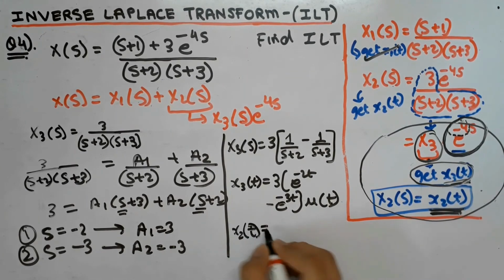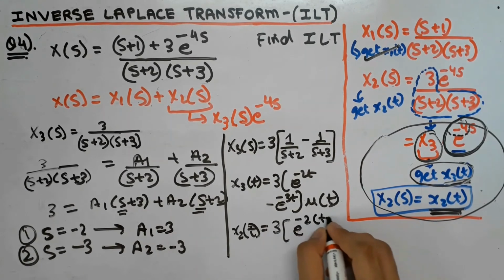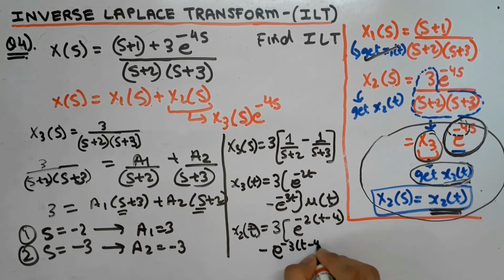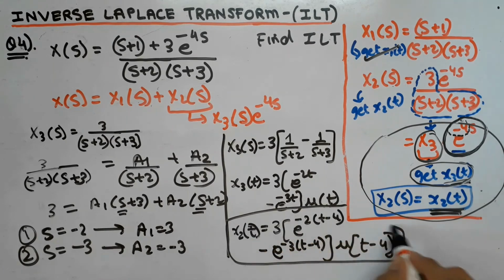That is, you will get 3 into e to the power minus 2 into (t minus 4) minus e to the power minus 3 into (t minus 4), and similarly here also we will replace t by t minus 4. If it had been plus 4, then we would have written t plus 4 in all the 3 places. Now similarly we have found out the value of x2(t).